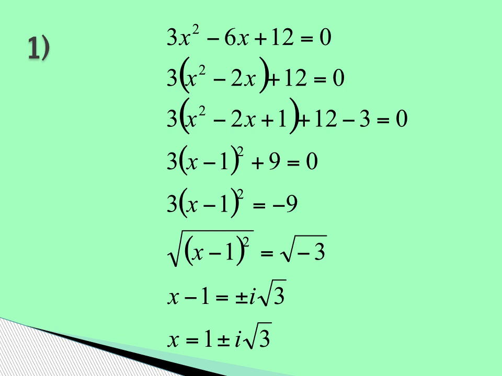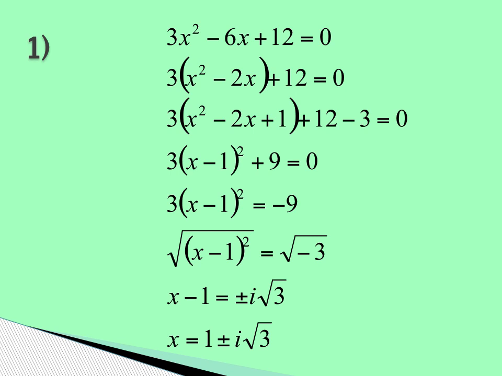Well, negative 2 divided by 2 is negative 1. When I square that to figure out what my c value is, I get 1. But really what I've done to this problem is that I have added in 3 times that 1, so I need to subtract by 3. So you end up getting 3 times the binomial x minus 1 squared plus 9 equals 0.